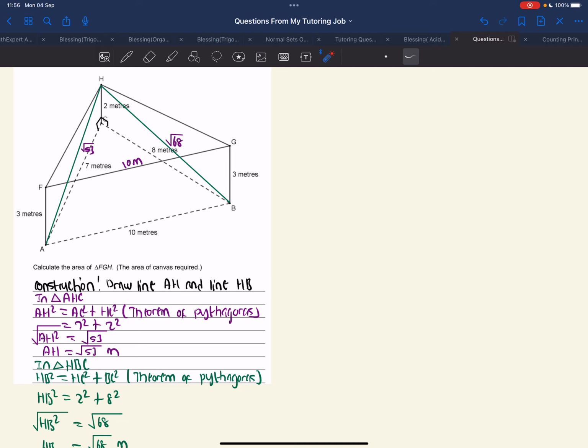Or for you to prove it, remember that this line there, that angle there is 90 degrees. So for you to find that angle over there, you're going to use your trigonometric ratios, then subtract from 90 and you're going to get your angle. That's why I'm saying that angle there is the same as that one over there, because remember it's a 90 degree there and also a 90 degree there.